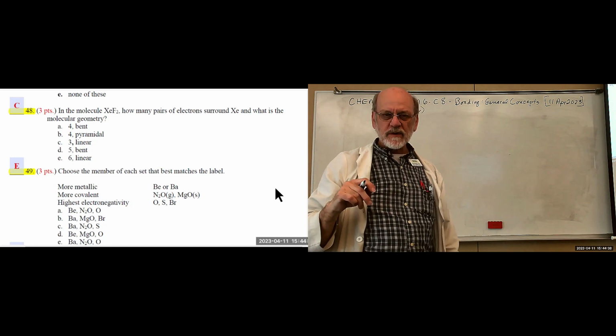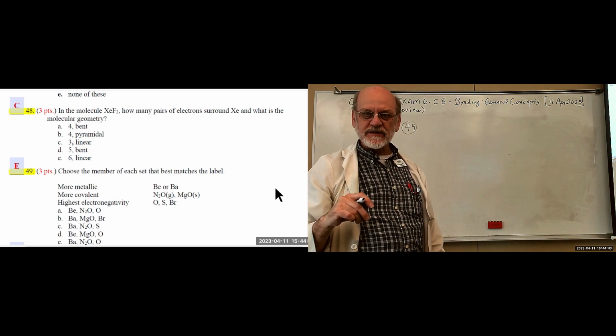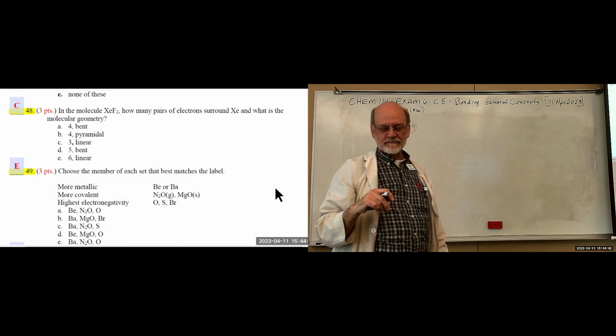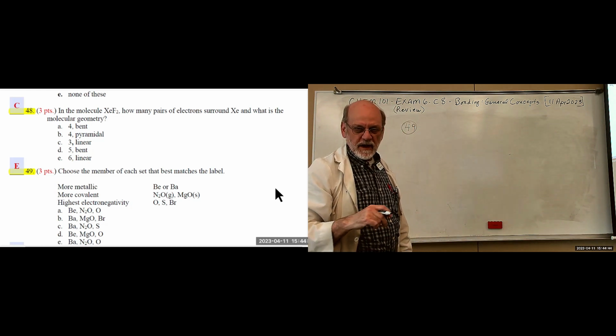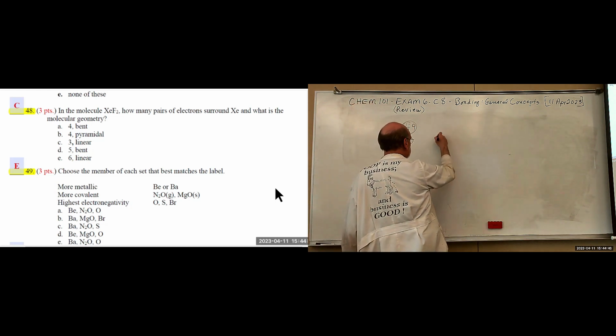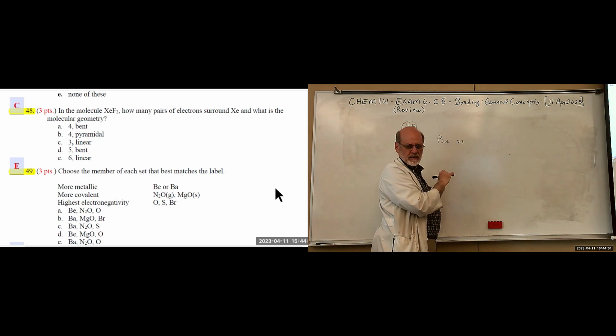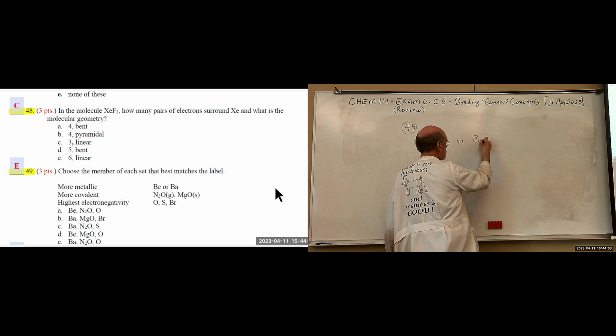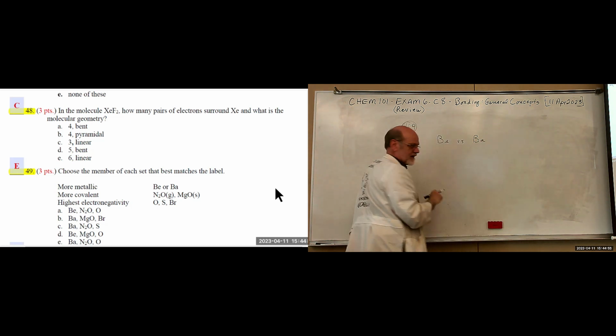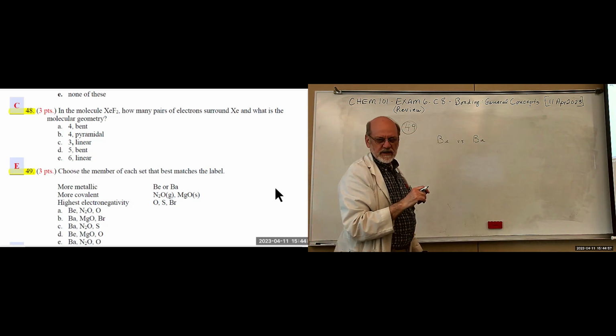49. Choose the member of each set that best matches the label. Oh, okay. More metallic: beryllium versus barium. Let me put them all up here first.